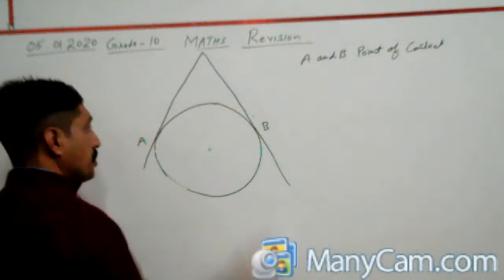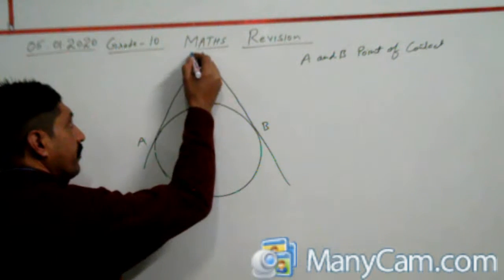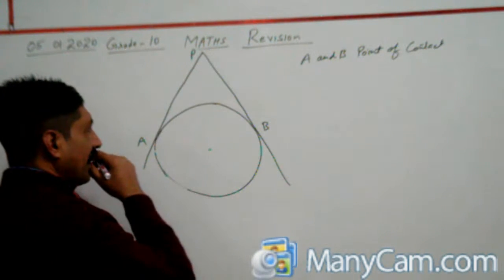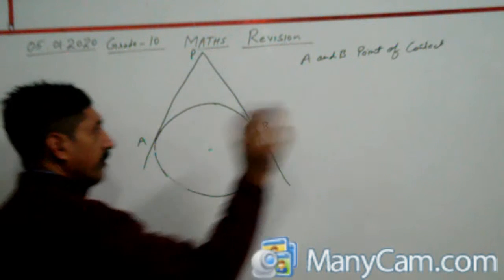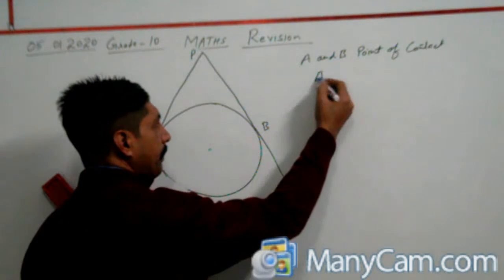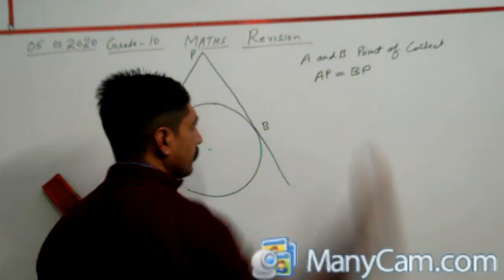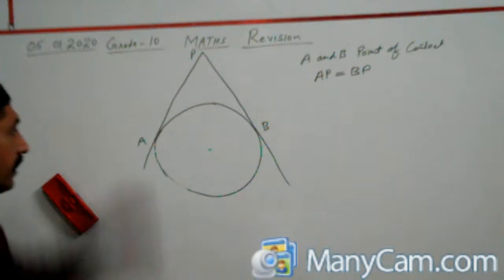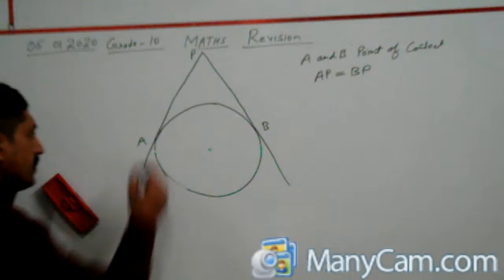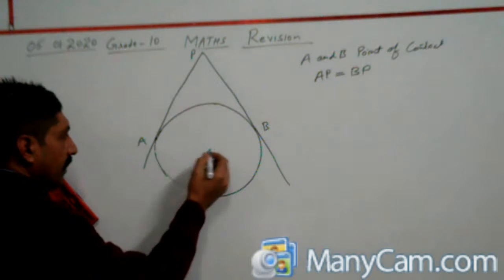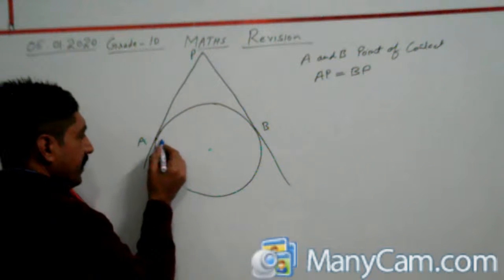Now his question is, if P is the point, we have learned that AP is equal to BP, right? This is the point of contact here, and we know this one is also 90 degrees.